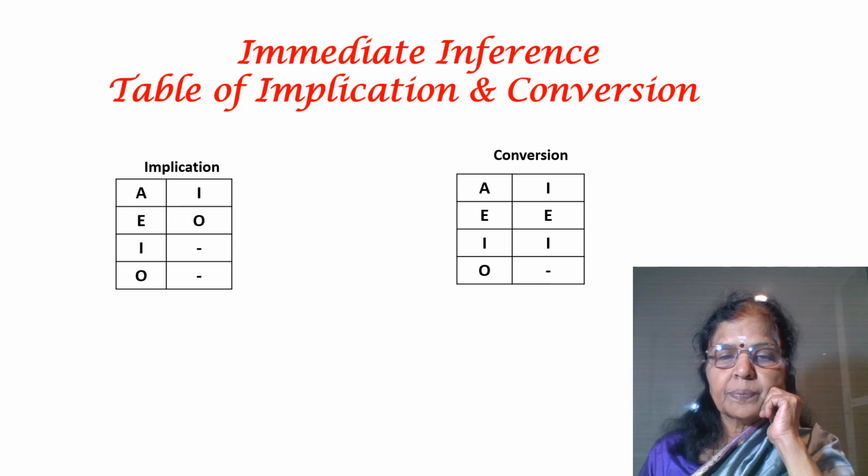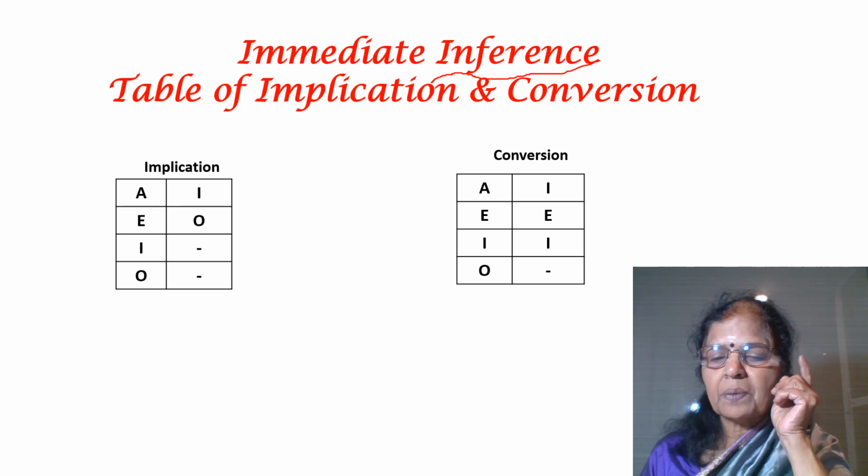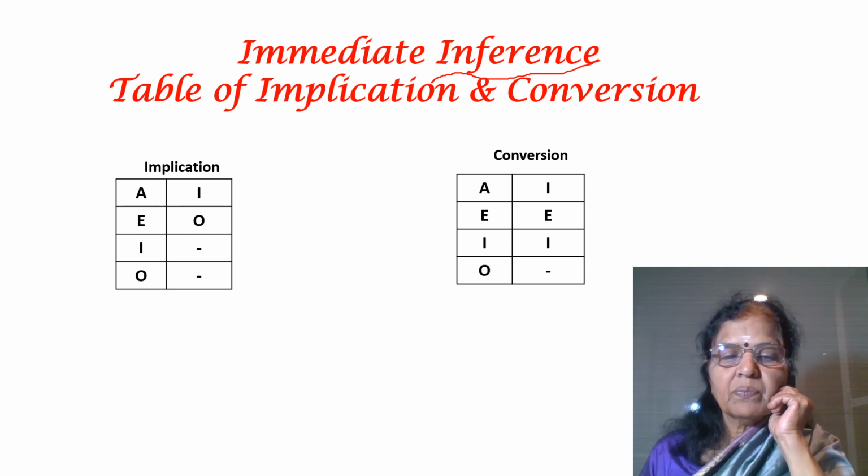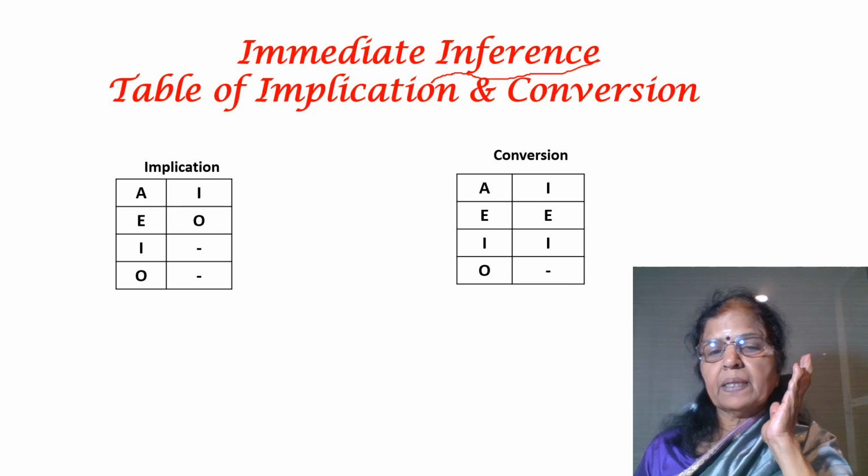This is the 2 types of immediate inference. What is immediate inference? That you can use only one statement and come to a conclusion. That is immediate inference, and it is of 2 types. One is implication and one is conversion. Both are used in immediate inference.